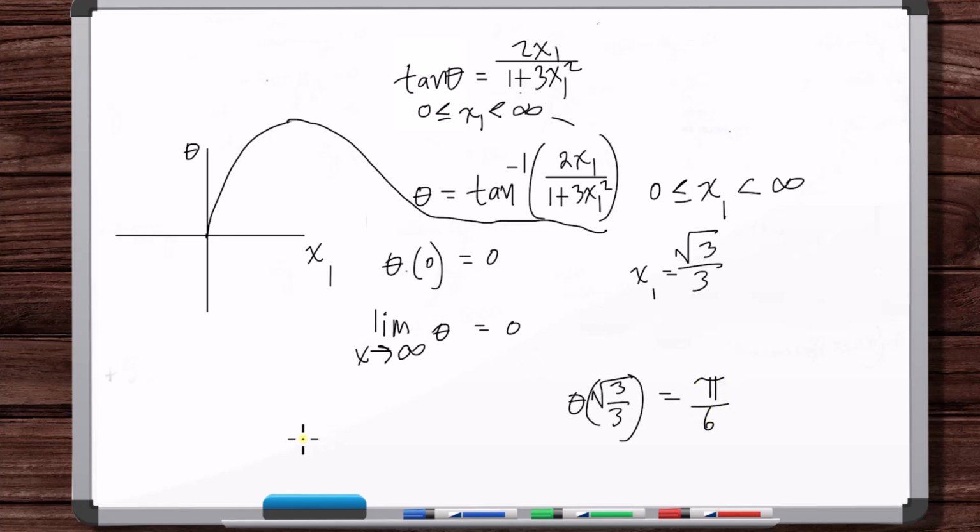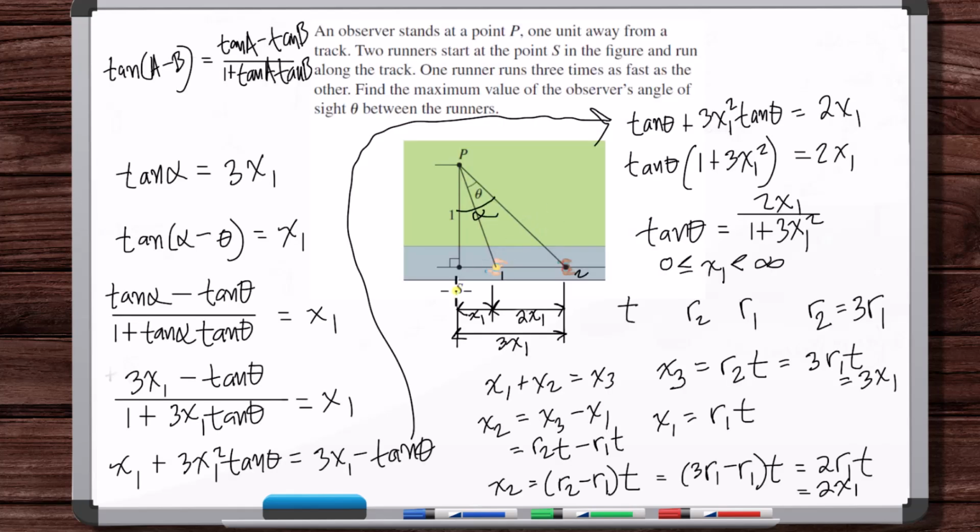So that's it. Theta is equal to pi over 6. That's the maximum value. So x1 is going to be root 3 over 3. That's going to be the distance in whatever these units are, whatever 1 unit is. It'll be root 3 over 3, and theta will be pi over 6 radians.